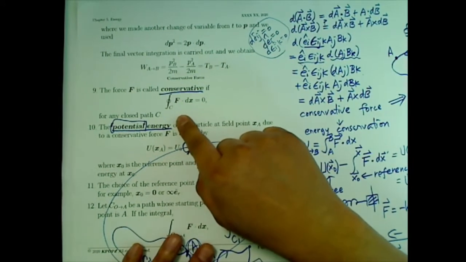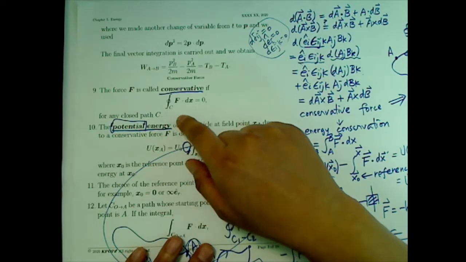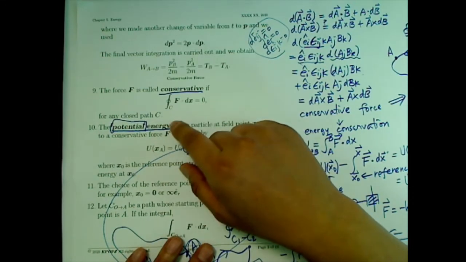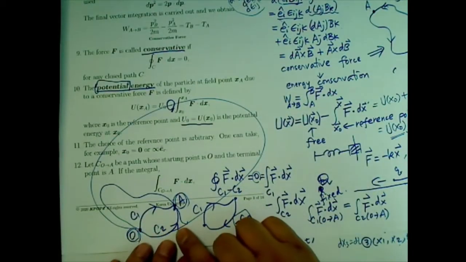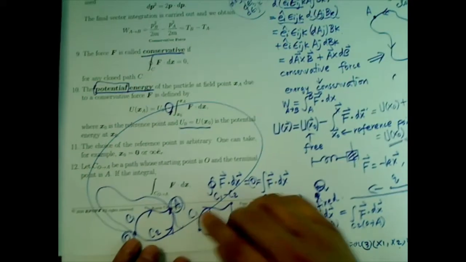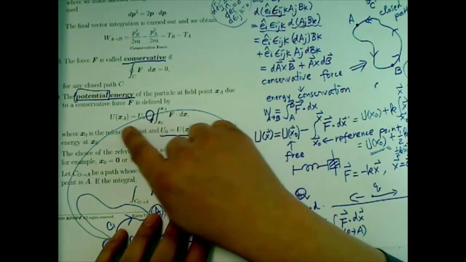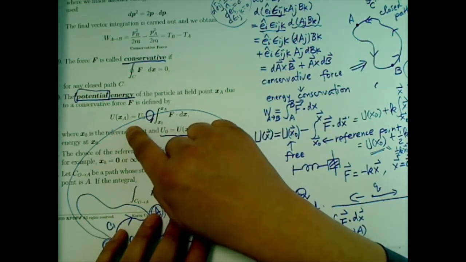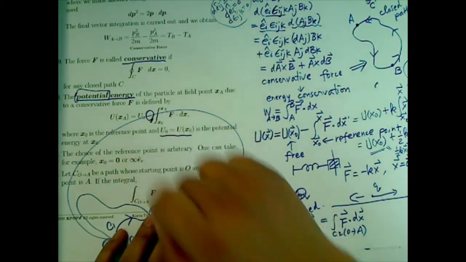And we have found that a conservative force does no work along a closed path. That results in the fact that the work from one position to another is independent of path. By making use of this, we can define a potential energy of a particle that depends only on the point. That's it.